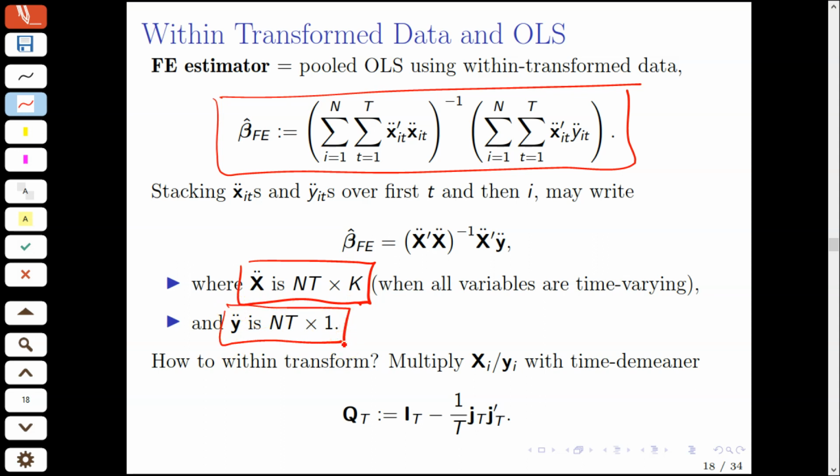Then we may write the fixed effect estimator in this more compact format, which runs completely analogous to the OLS estimator for cross-section data.